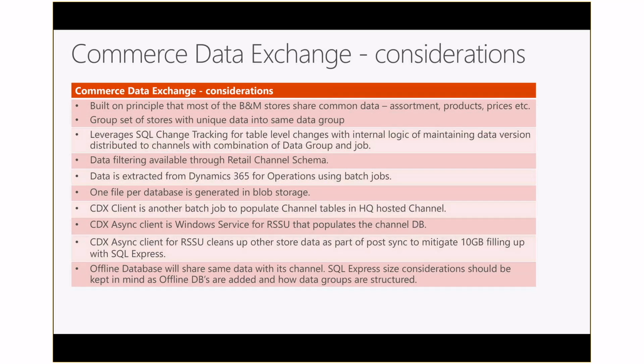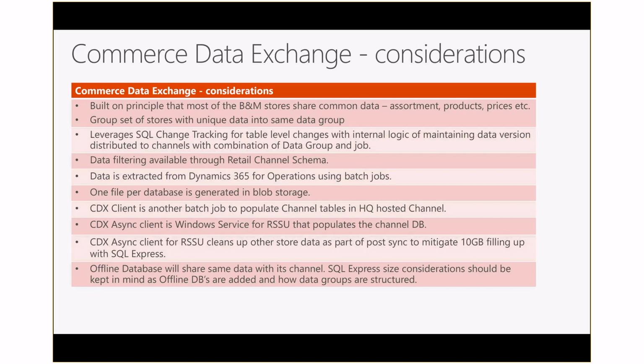Next thing we need to consider is the commerce data exchange. So most of our implementations require master data to move between headquarters and the stores, either the channel database in the HQ along with the retail server in the cloud, or with RSSU as well as offline. So Commerce Data Exchange basically uses SQL change tracking.